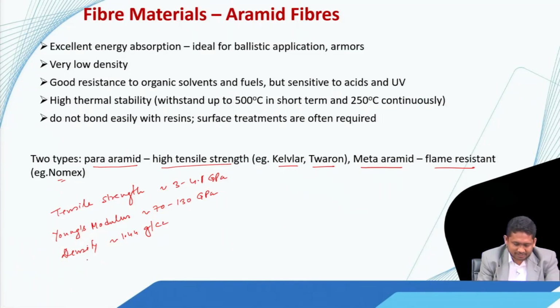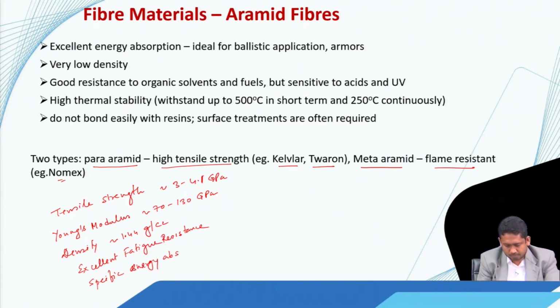And if I compare all the fibers, aramid fiber has the highest specific energy absorption, and this ranges from 50 to 80 kilojoule per kg.